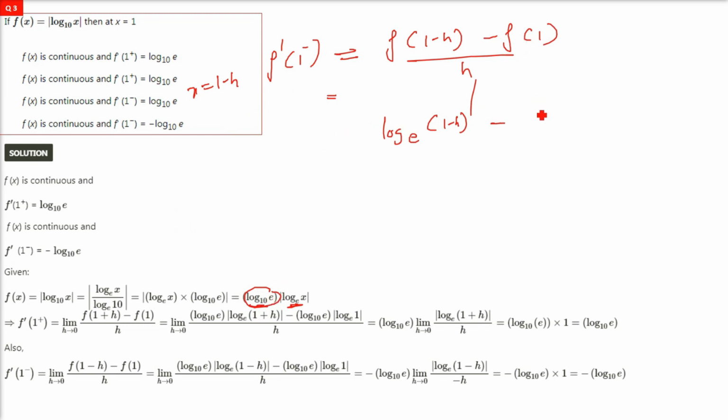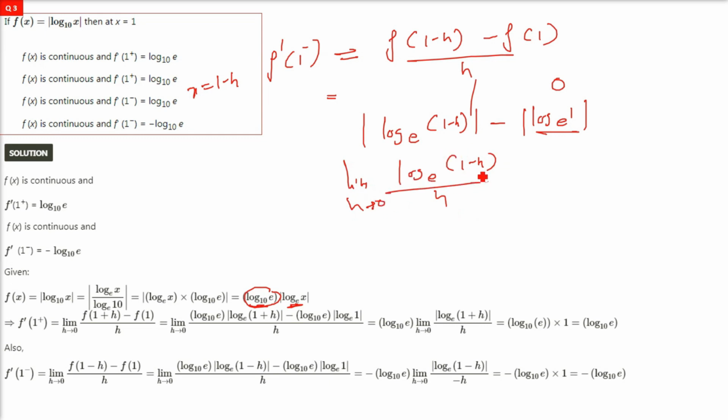So replace x by 1: log base e of 1, and take the modulus here. Log 1, as we just talked about, is 0, so replace it by 0 or remove it. Now log base e of (1 minus h). As we know, log(1 plus h) by h is equal to 1 when we apply the limit h tends to 0.